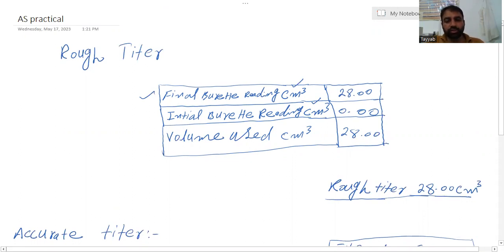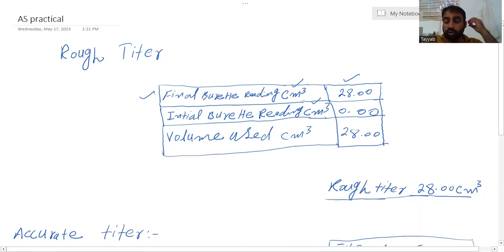Again, the rough titer is used to take an approximation, an estimation for the accurate titer. During the accurate titer or during the exam, you do not have much time to do accurate titration with great precaution, drop wise. You have to do it speedily. But suppose this volume is 28 centimeter cube.